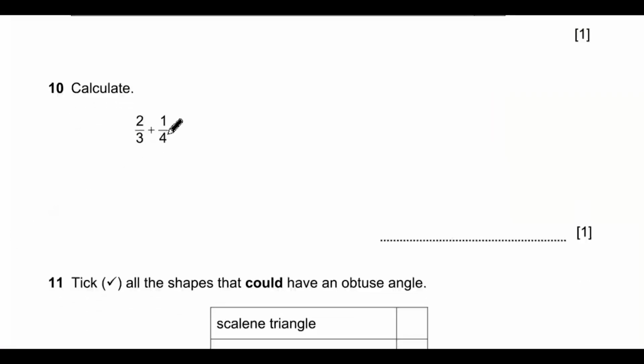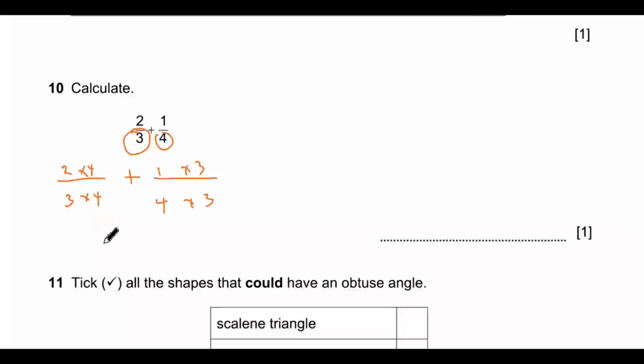Calculate 2 over 3 add 1 over 4. There are different methods you could use to solve this. So let's use a common denominator. I have 2 over 3, so let's multiply the numerator and the denominator by 4, times 4 times 4. Then add 1 over 4, so let's multiply the numerator and the denominator by 3, times 3 times 3.